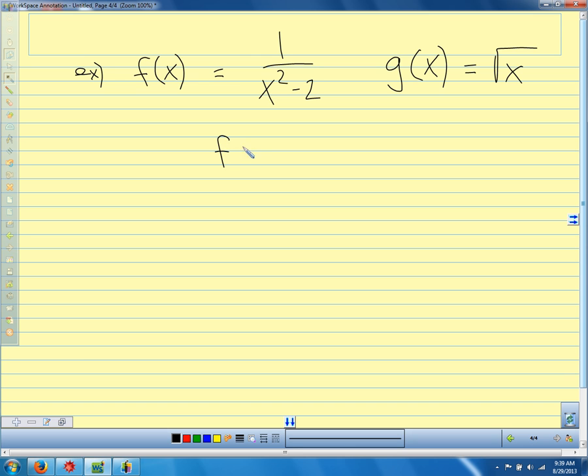So f of g here, how would I write f of g for this example? Can you help us out, Austin?